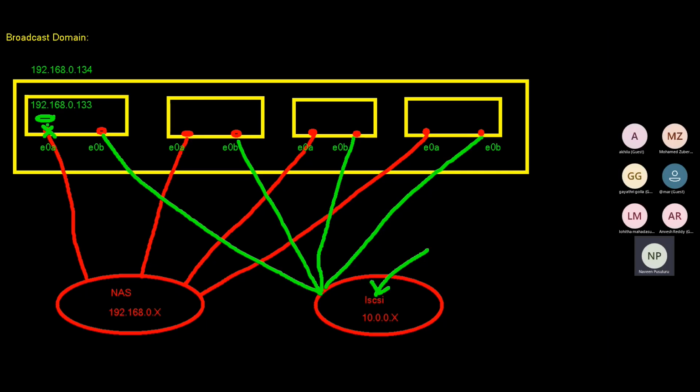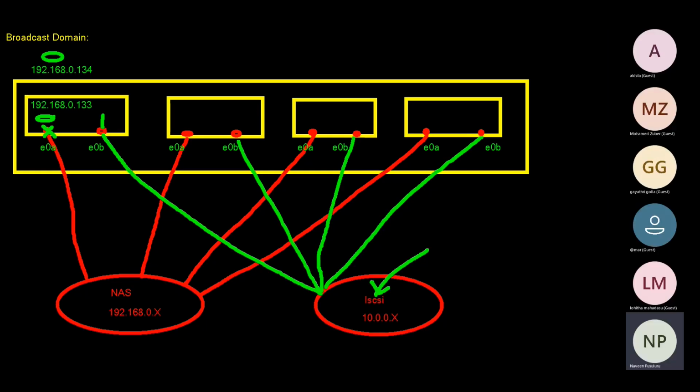So for example, my E0A went down. I have two LIFs configured on top of E0A, right? The 134 IP and the 133 IP. These two LIFs should move to a different interface or a different node. For example, they move to this particular interface only. But what will happen?